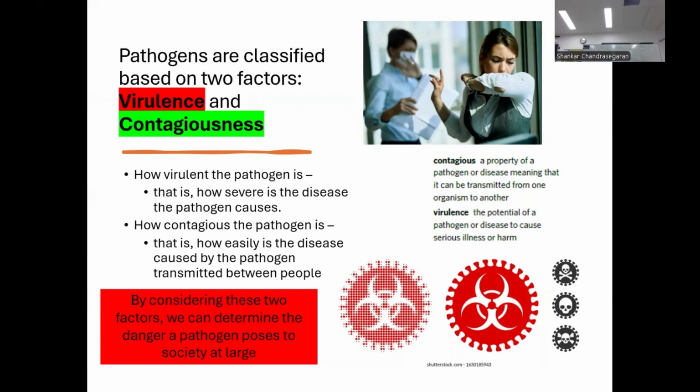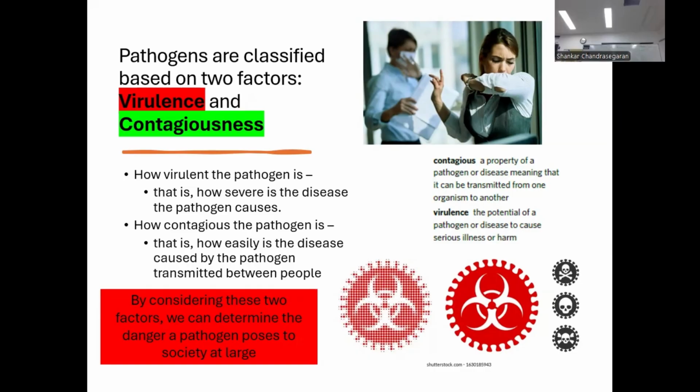Virulence is about how severe or deadly a disease caused by a pathogen is, whereas contagiousness is about how easily it can spread in a community. So one is talking about deadliness, and the other is talking about how easily it can spread within a given population.